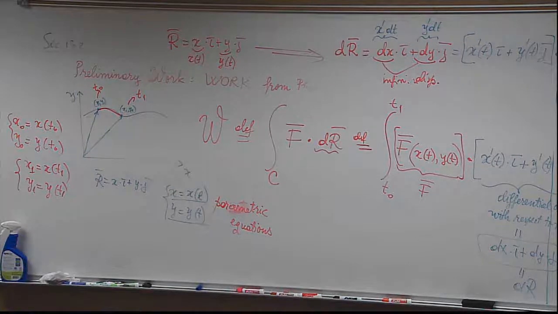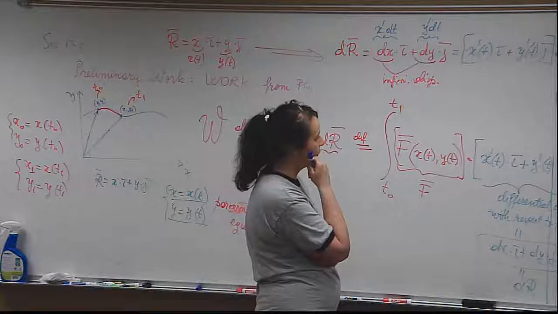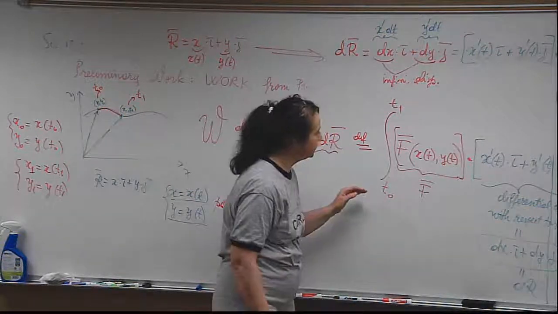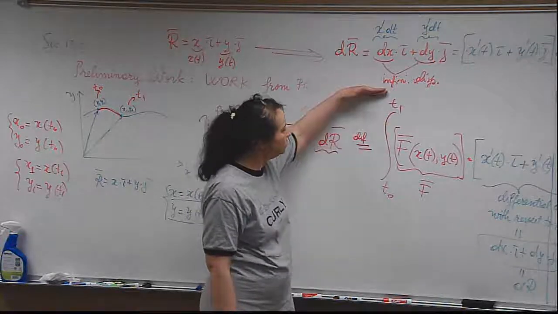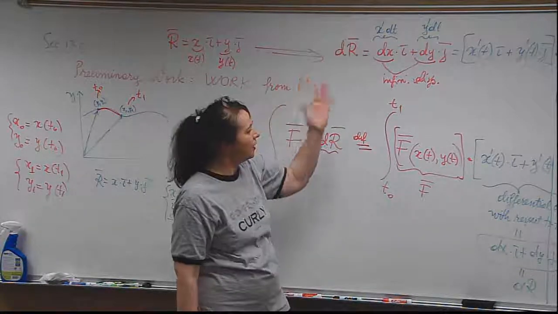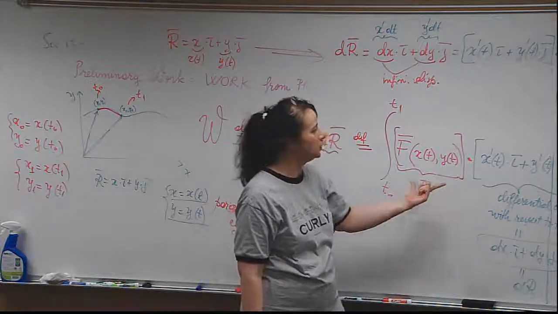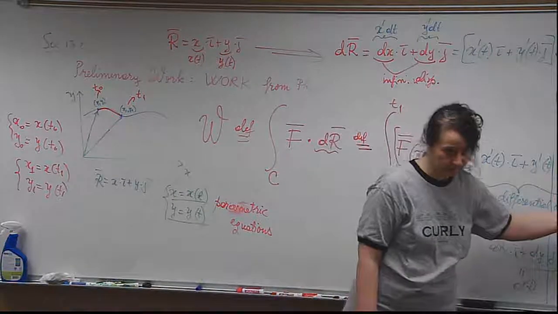So we are going to have to learn new things, like the integral from a fixed time 0 to t1 of the dot product between a certain vector that depends on time and another vector that depends on time, and dt.